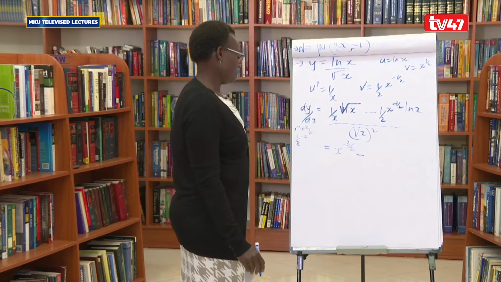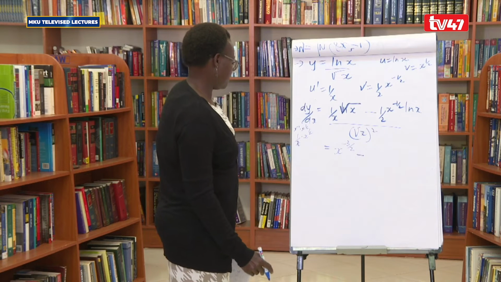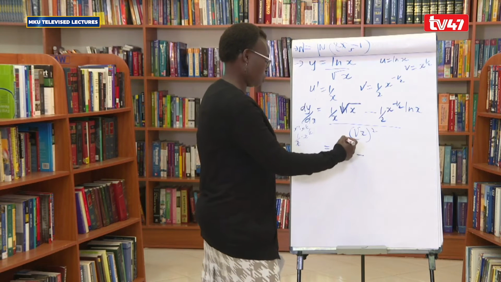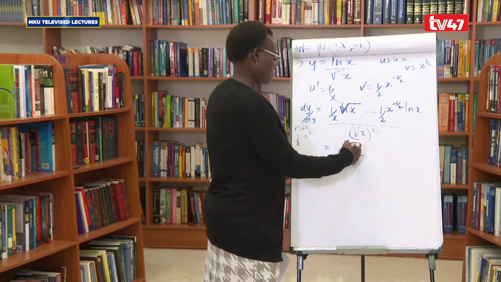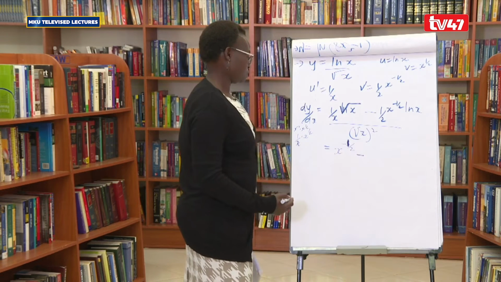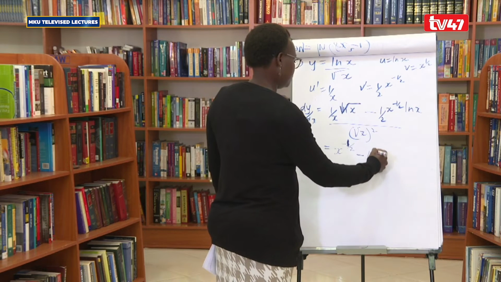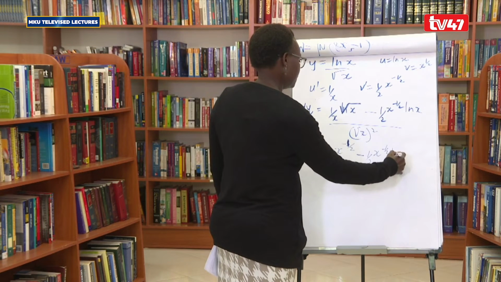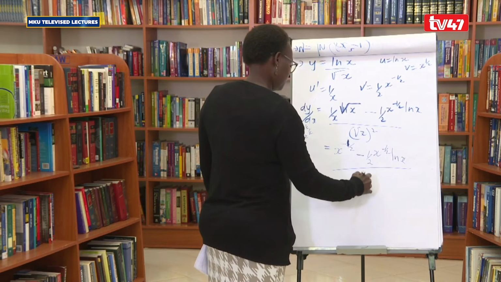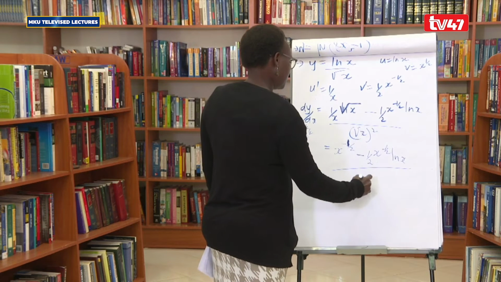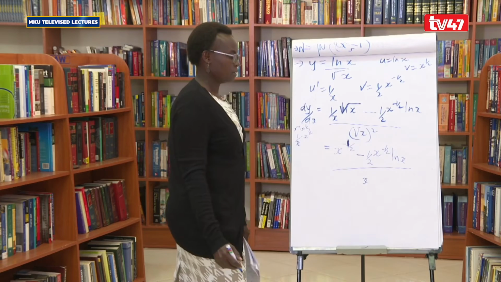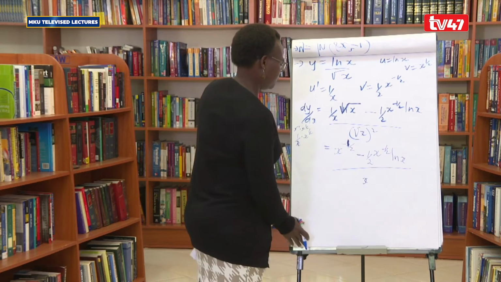So that will give us x raised to power negative a half. And then minus a half x raised to power negative a half ln x, over x, a half, and then squared.